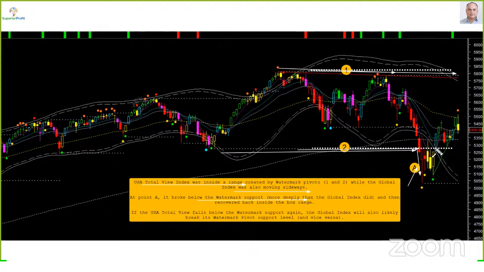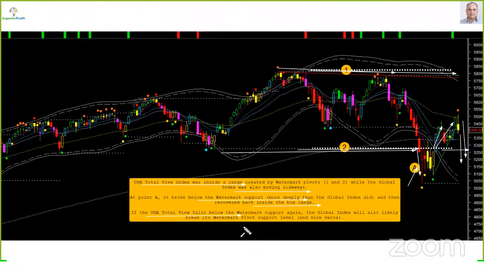So in fact, in this case, the USA market went back inside the sideways range as seen from the total view custom index. It recovered back inside the box. This is USA total view. Now, if the USA total view falls below the watermark support again, this watermark support, it would have created a dead cat bounce if this was broken.